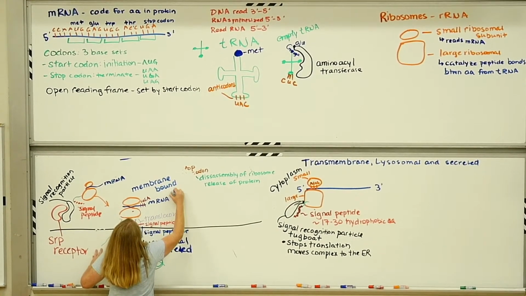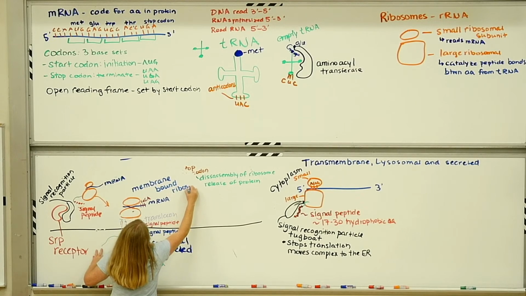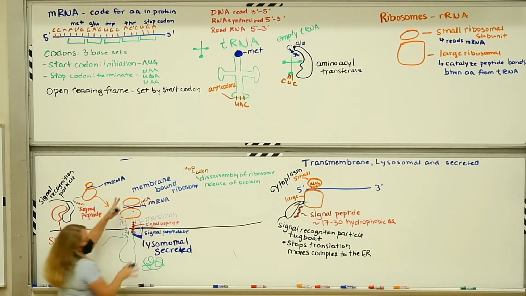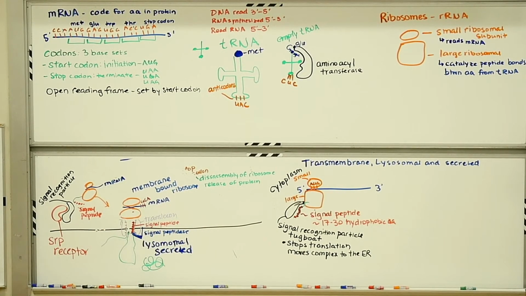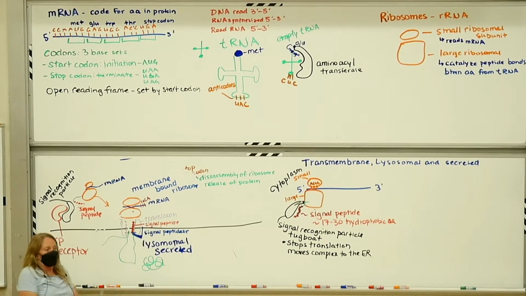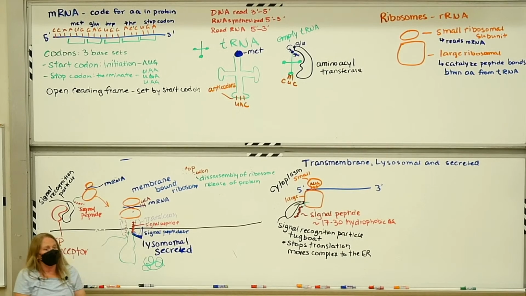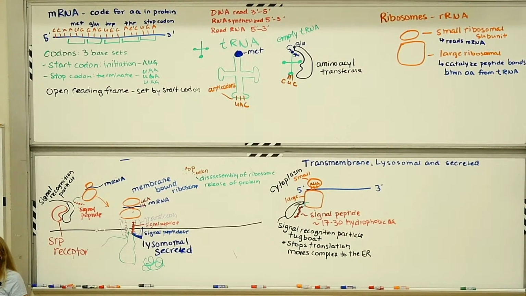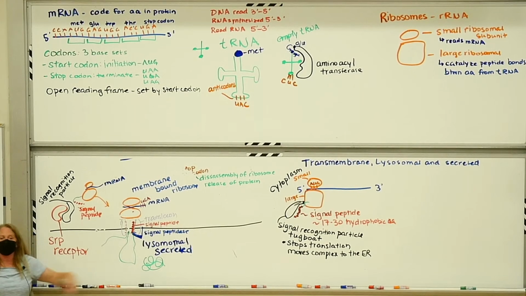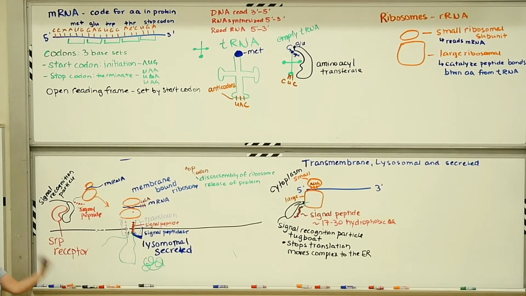Once it's finished with translation here, and it disconnects and releases the mRNA, it goes back to being a free ribosome. And it will hang out in the cytoplasm and wait for the next piece of mRNA and start reading it. And if it's cytoplasmic, it'll stay and it will make it. If it's not and it has a signal peptide, it'll get dragged back to the ER again, attach, make the protein. When it's done, release again.